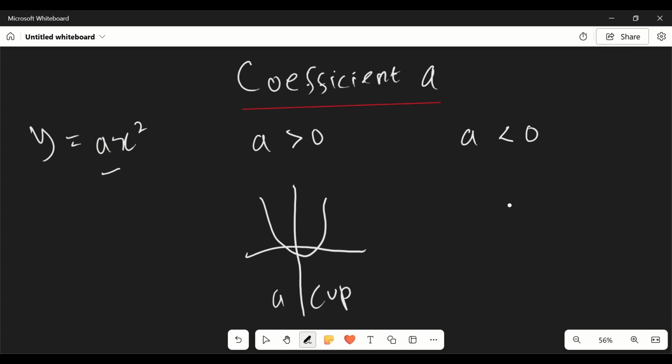If a is less than 0, the graph looks like this, like a cap. Why? Because positive numbers stay positive after squaring, but multiplying by a negative flips them.